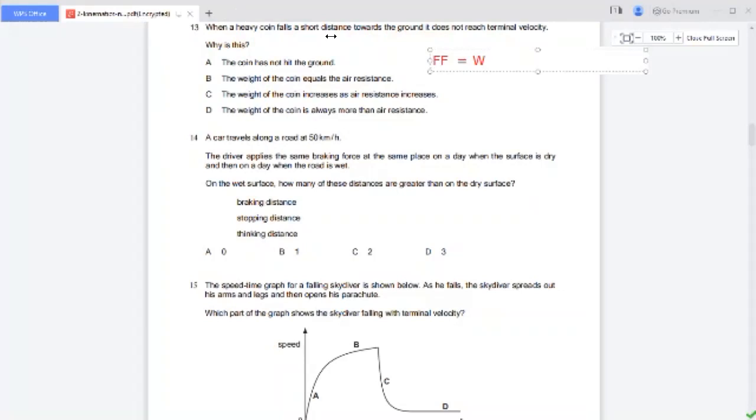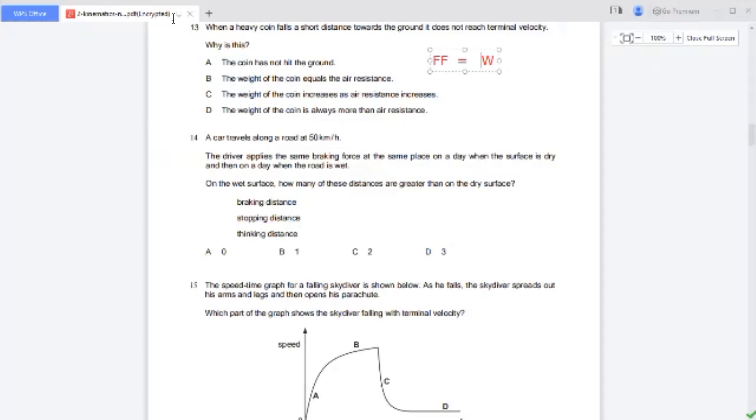Until both are equal, there would be no terminal velocity. When friction force becomes equal to the weight of the object, then we can say the object is moving with terminal velocity. The first thing is, there is a short distance.